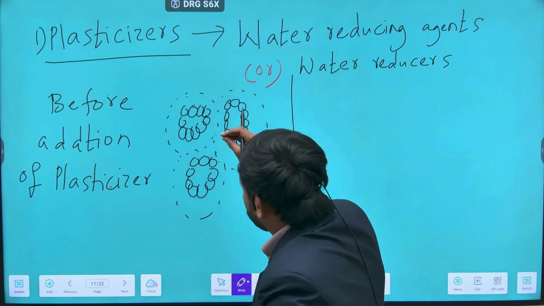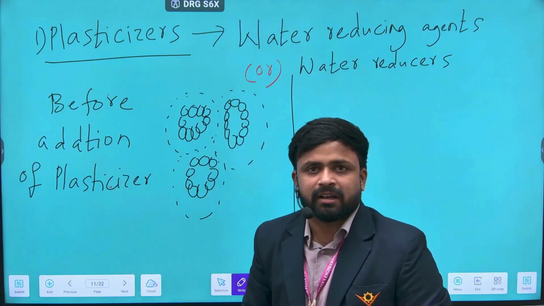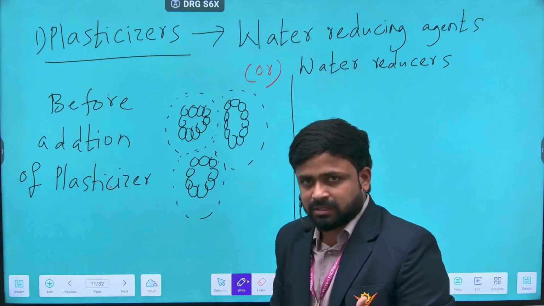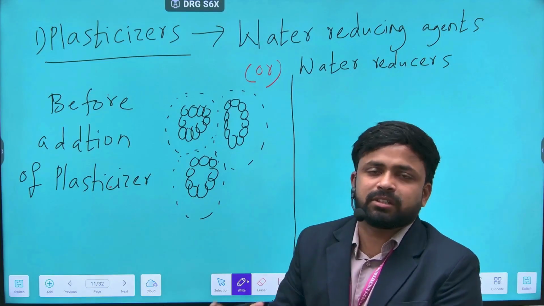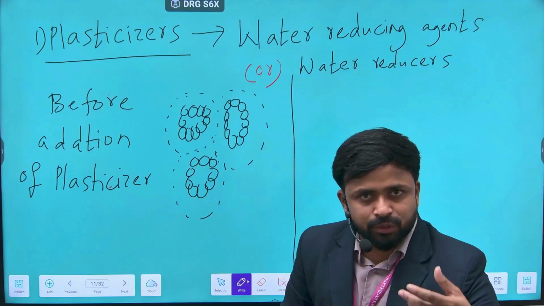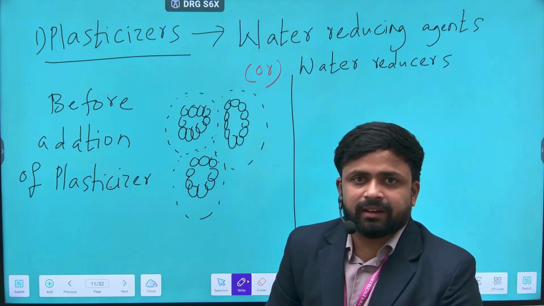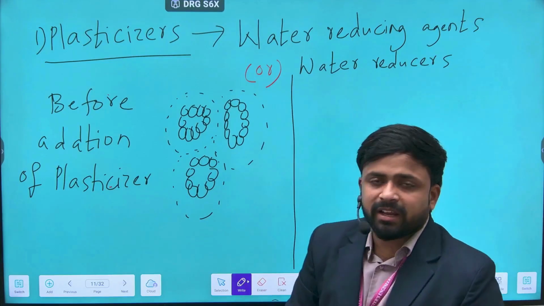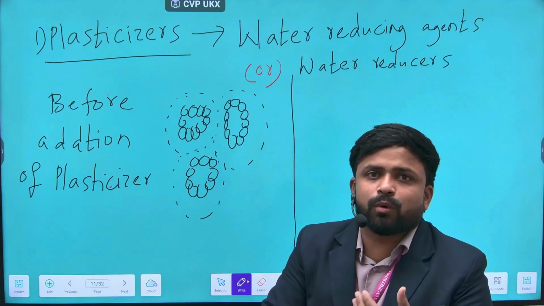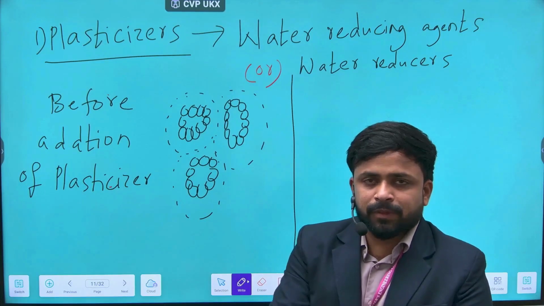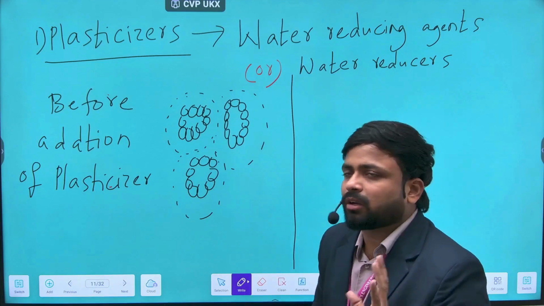The friction between the particles is reduced. If friction is reduced between the particles, the development of friction is less. So lubrication is possible by the addition of these plasticizers, thereby reducing the water requirement. My goal, that is lubrication, has to be achieved. When lubrication is well achieved using plasticizers, all particles can roll over each other and I can work with the concrete easily without addition of water.